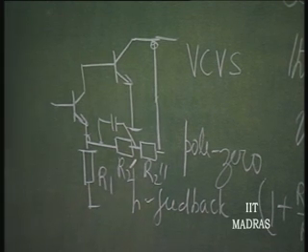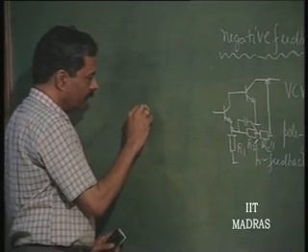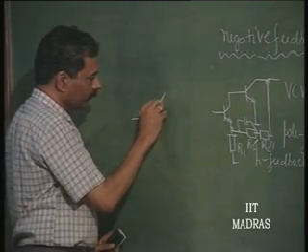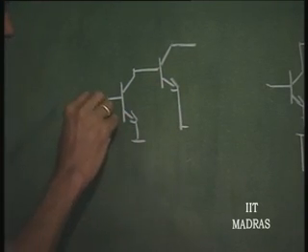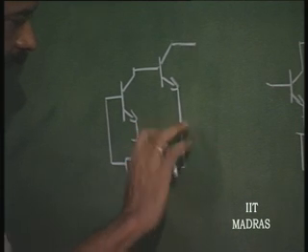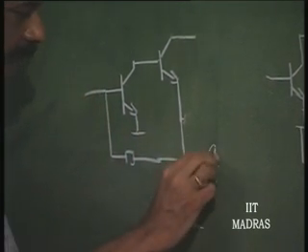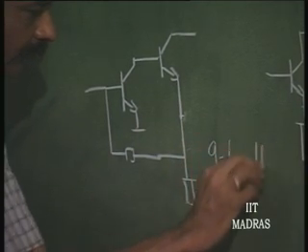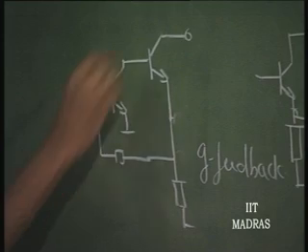voltage source. Similarly, if it is the same structure, you can make it a current controlled current source by G feedback. This also we have discussed earlier while discussing feedback.